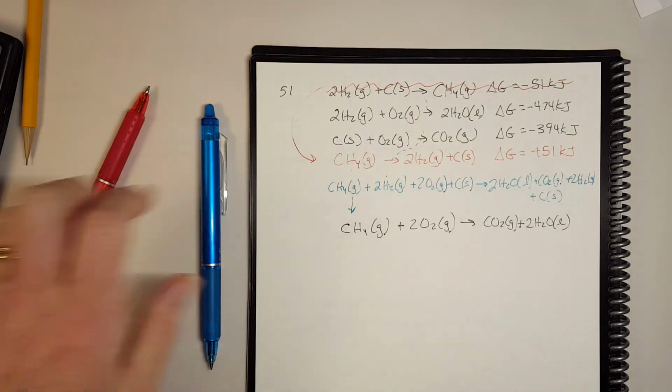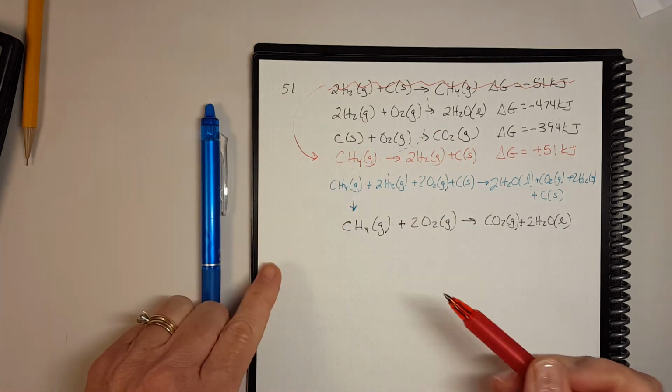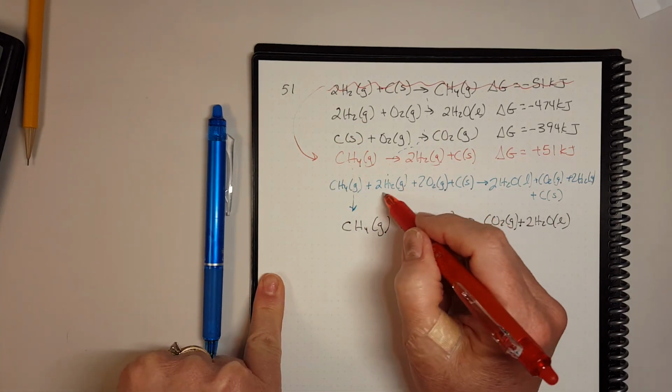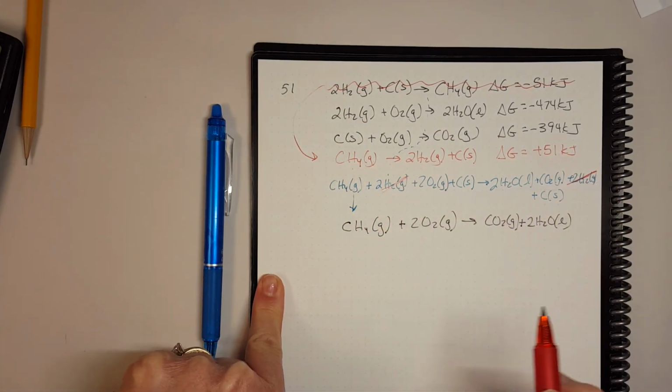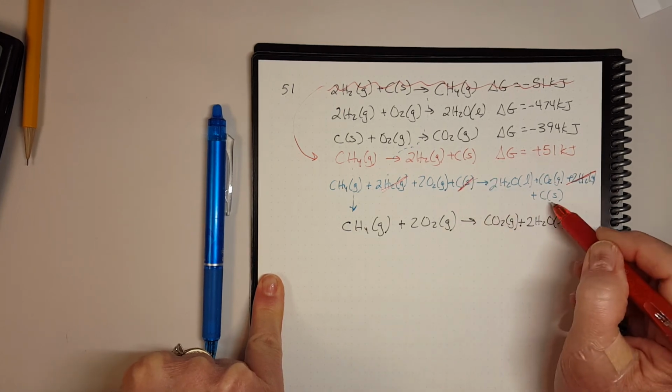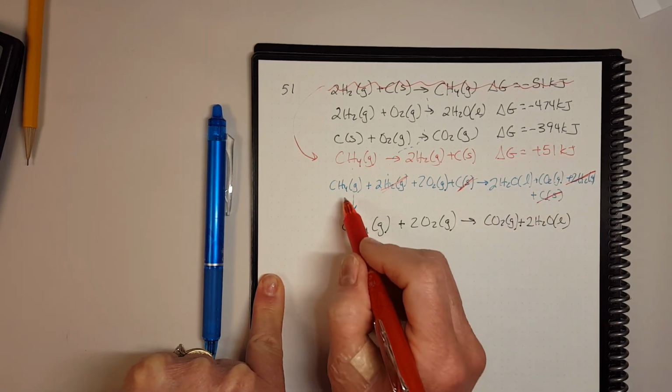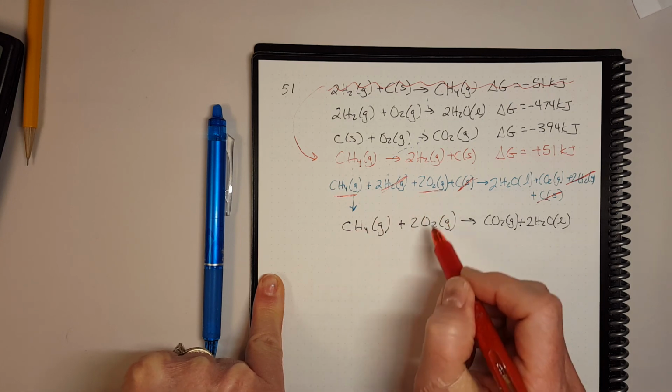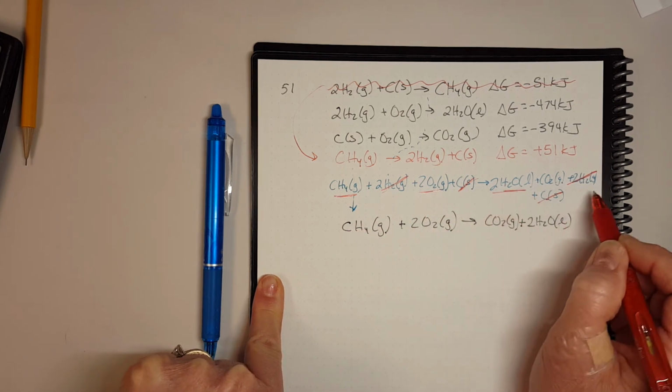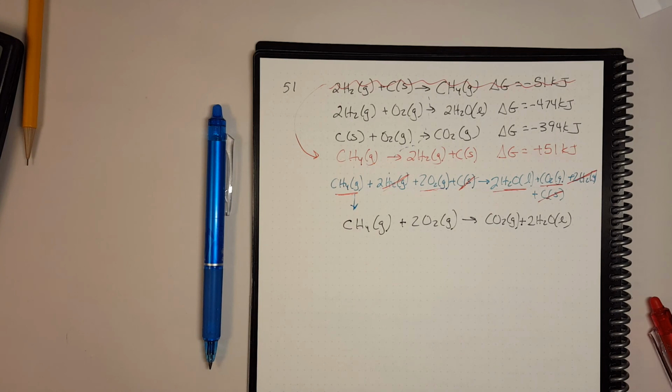So if I just add both sides of these three equations up, that's what I get. And I cross out what's on both sides, so the 2H2 crosses out and the carbon solid crosses out, and I'm left with the equation I wanted, CH4 gas, 2O2 gas, 2H2O liquid, and CO2 gas.